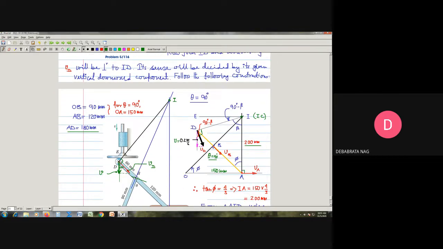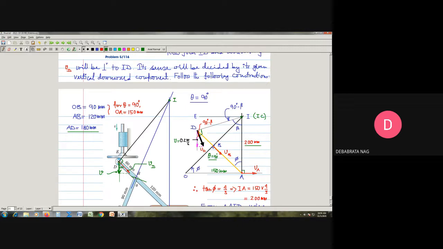But our objective is to actually find out the velocity of point A. Obviously we see that the direction here is specified. If this is going in the downward direction, this black vector must be in this direction.